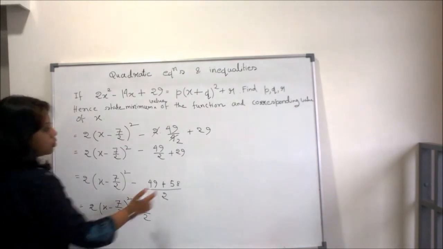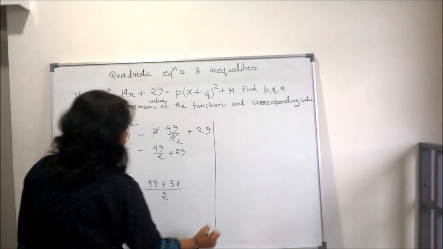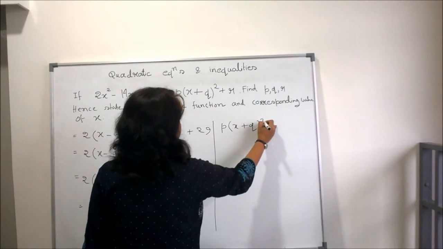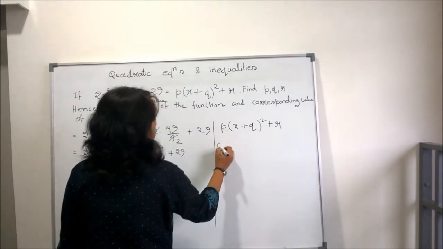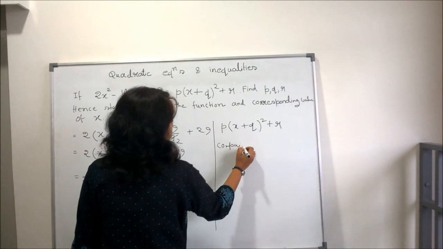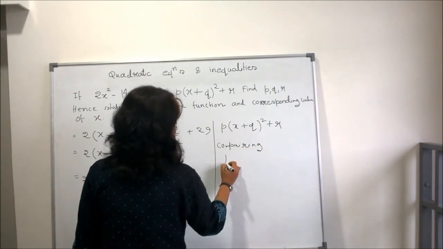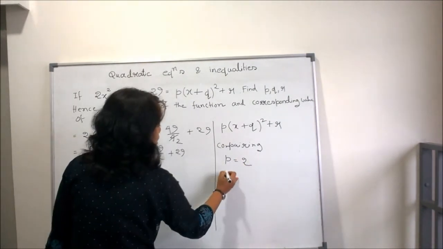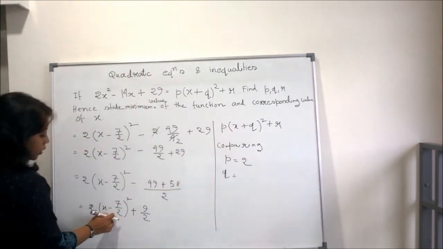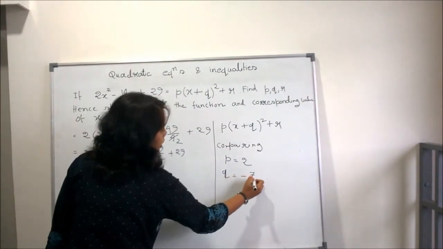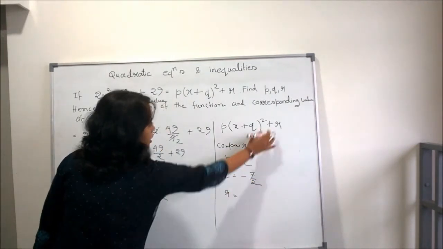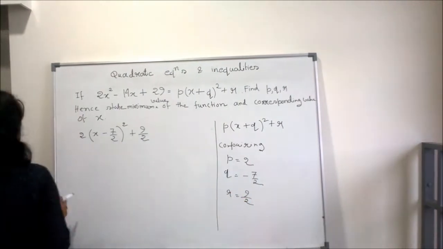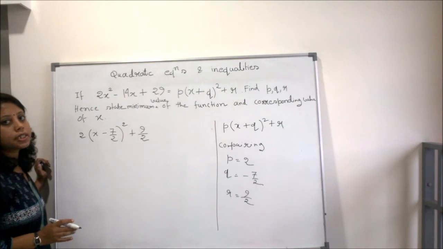So now we compare it with p(x + q)² + r. Comparing, we get p is 2, q is −7/2 and r is 9/2.